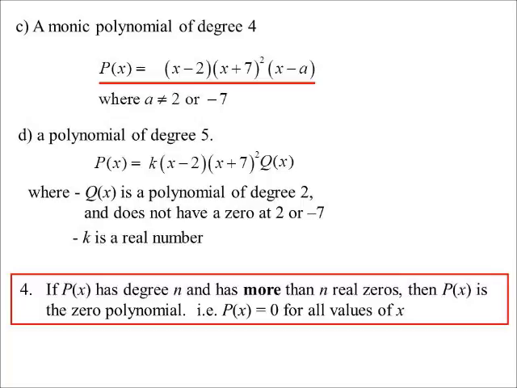I have seen a question in a test, so don't get caught out by it, because it's a little trick question, which says you've got to find a polynomial that is of degree 3 but has 4 zeros. The only thing it can be would be the 0 polynomial. So don't get caught out by that.